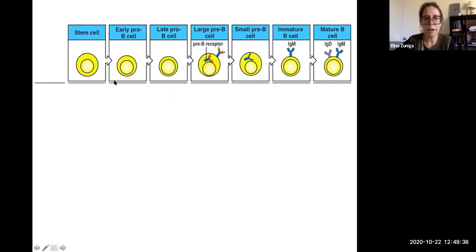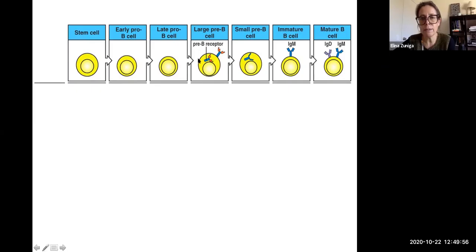So here again are all the stages in the development. From the stem cell in common lymphoid progenitors, the first one is the early pro-B cell, then the late pro-B cell, then the large pre-B cell, the small pre-B cell, the immature B cell, and the mature B cell.